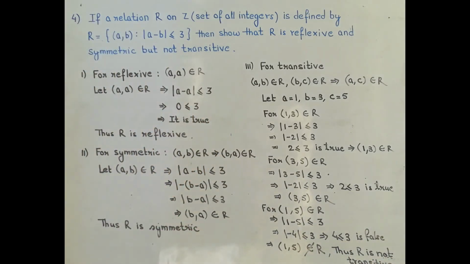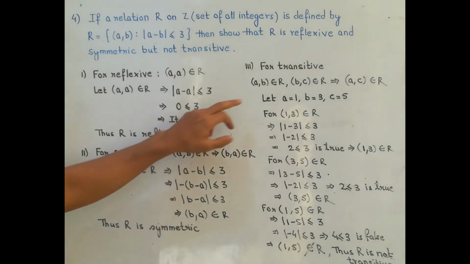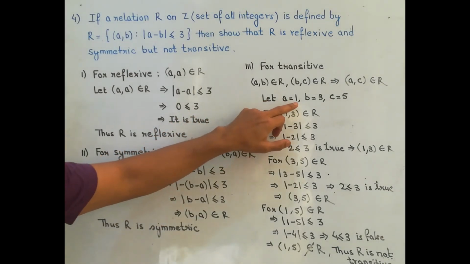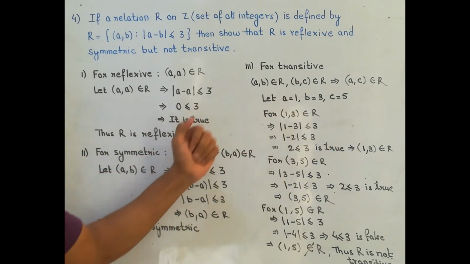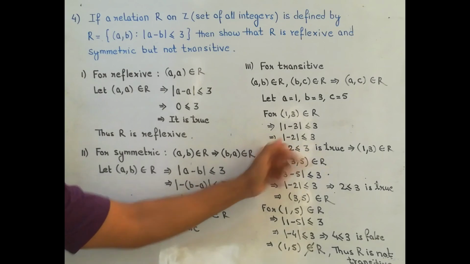So remember, whenever we have to prove a relation to be true, there you have to prove it by definition, and whenever you have to prove that it is not true, there you will be taking an example. So we have taken an example considering values for a as 1, b as 3 and c as 5. For 1 comma 3, that is a comma b, it is true.